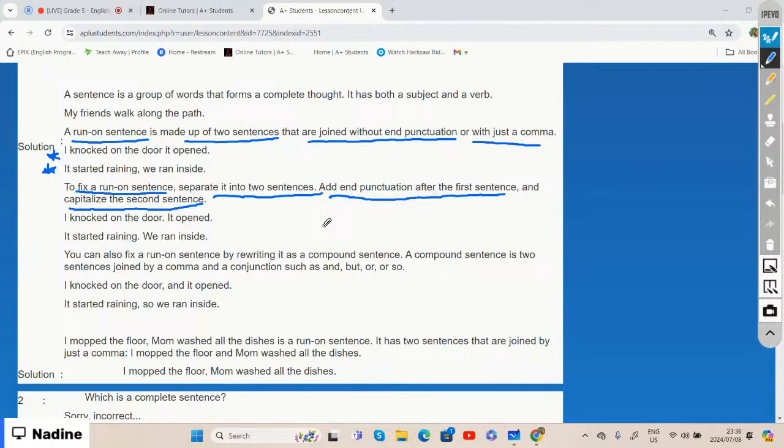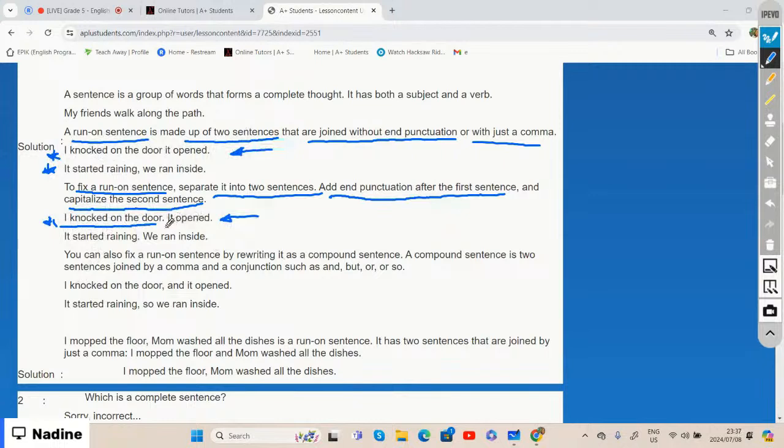And if we look at an example now, remember, the first one, before it was fixed, says, I knocked on the door and it opened. There was no punctuation. But now, if we fix it, it says, I knocked on the door. That is one sentence, and it also has our end punctuation.